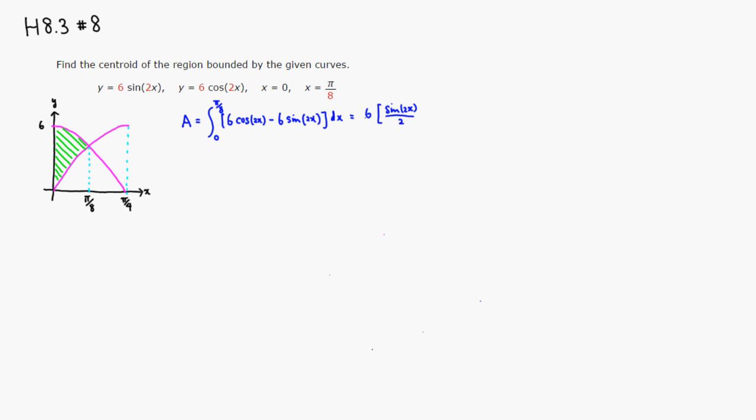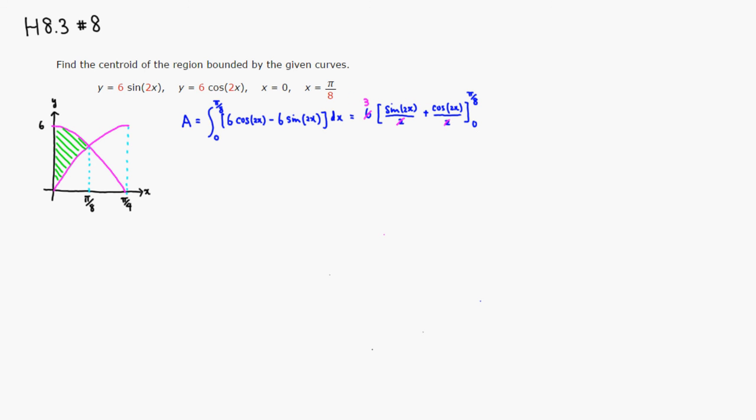Then you have a negative sign, and the antiderivative of sine of 2x is negative, so it turns into positive cosine of 2x over 2, going from 0 to pi over 8. We can pull out the 1/2 and incorporate that, so that's going to be 3 there, because 6 times 1/2 is 3.